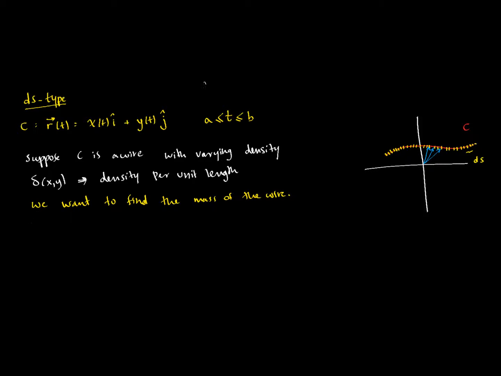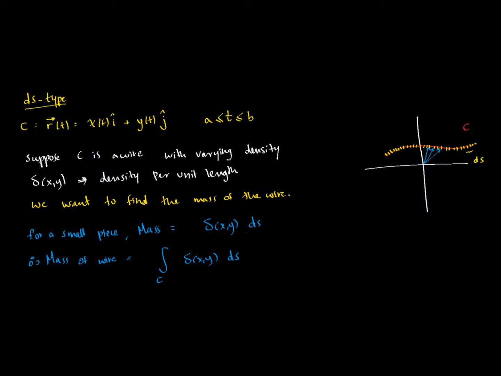Then we can say that for a small piece, the mass is equal to the density at this point times the length of the small piece, which means that the mass of the wire is equal to the integral along the curve C of the density times ds.